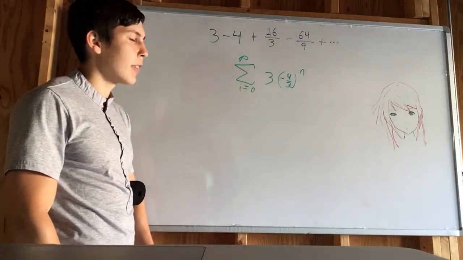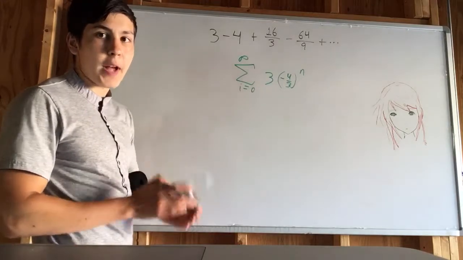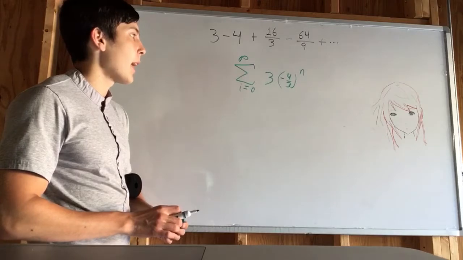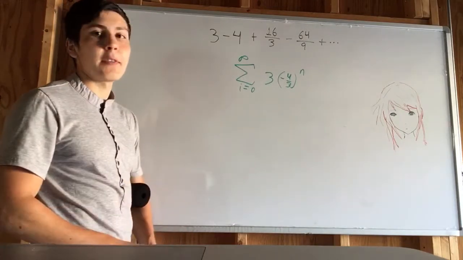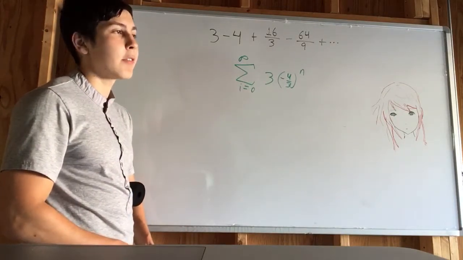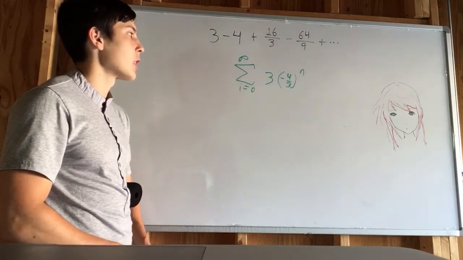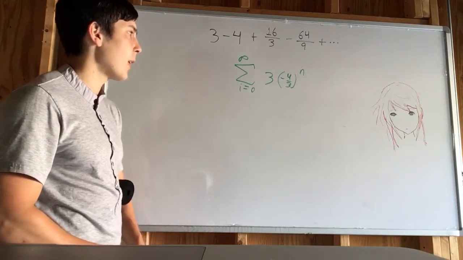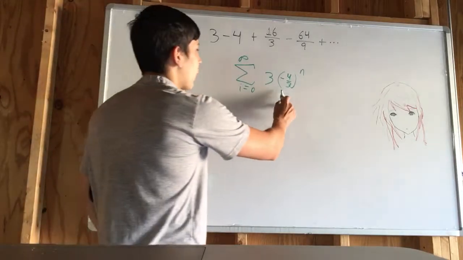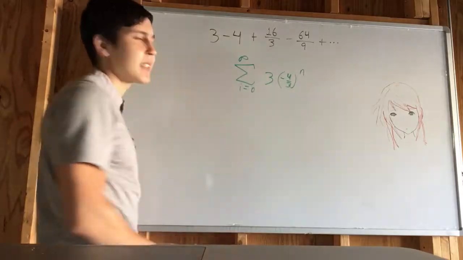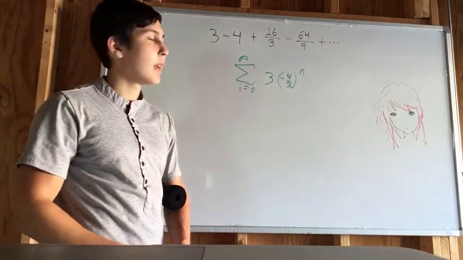It converges if it reaches an actual value. If it reaches a constant value after adding an infinite amount of terms, after adding for infinity, then it means it converges. So how do we find out? Well, we just have to look at what's inside here in r, because that's what's being taken to an exponent.